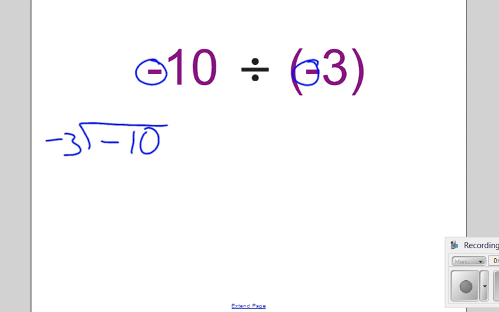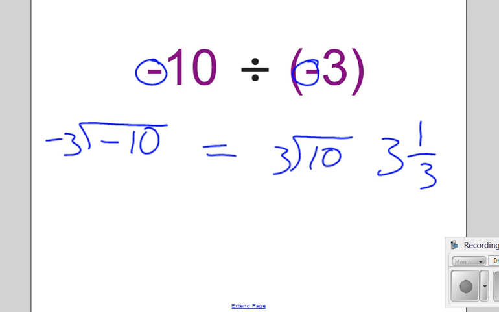It's really the same as doing 10 divided by 3, and 10 divided by 3, of course, is 3 1/3. So we come away with that answer. A -10 divided by a -3 is 3 1/3.